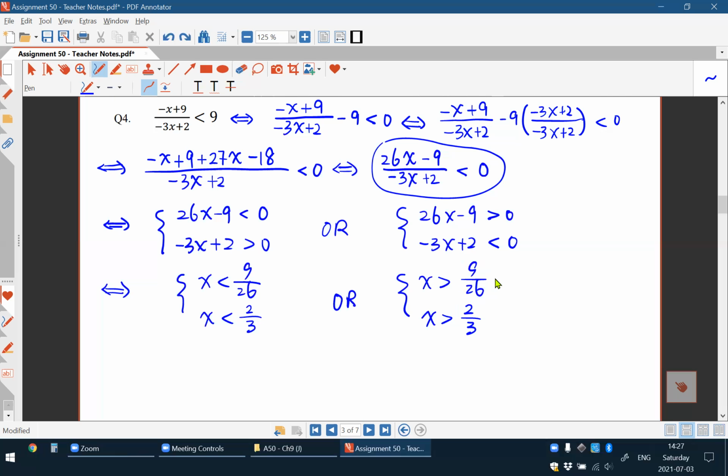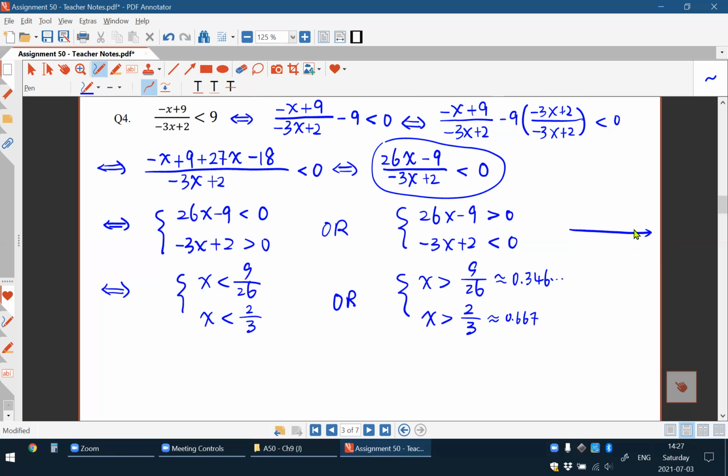Okay, so 9 over 26 is about 0.346 something, right? And 2 over 3 is around 0.667, right? So which one is larger?